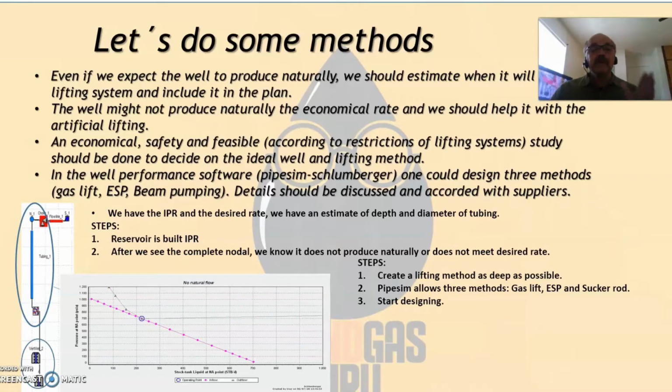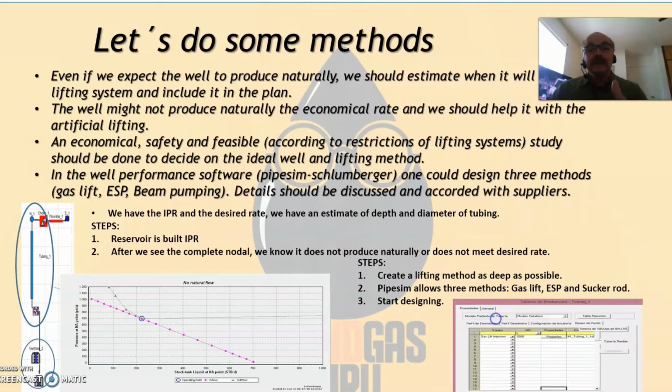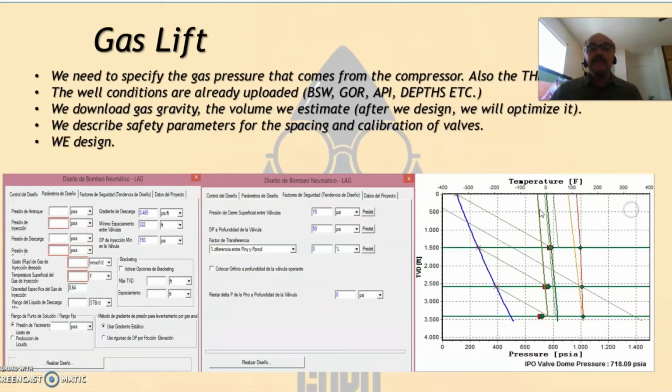That's why we're doing it in the software, because when we are going to talk to the suppliers about the details of the design of the system, we need to know how it works. We need to know everything, okay? Everything, we have to know it.